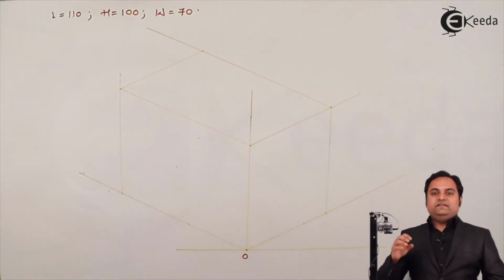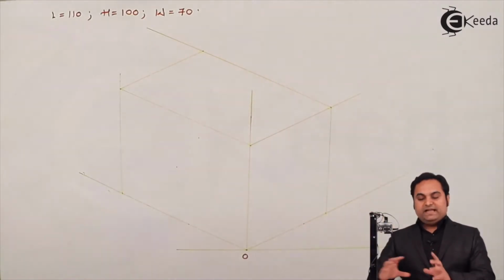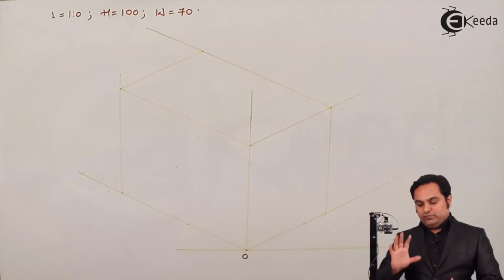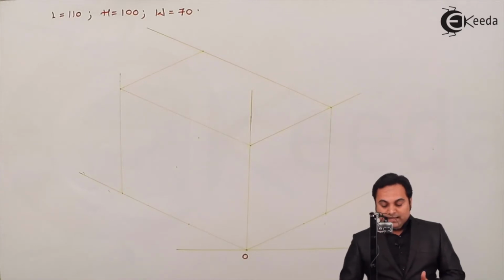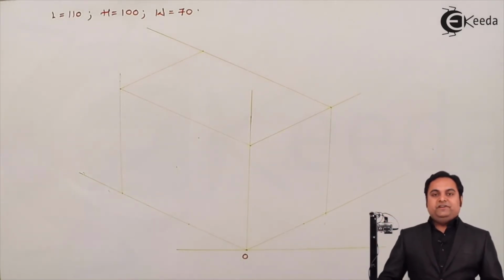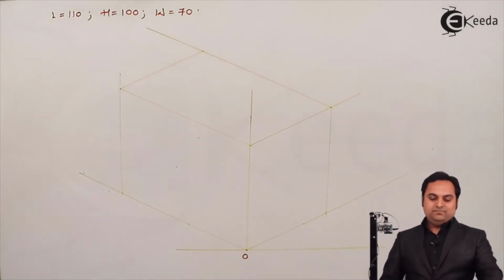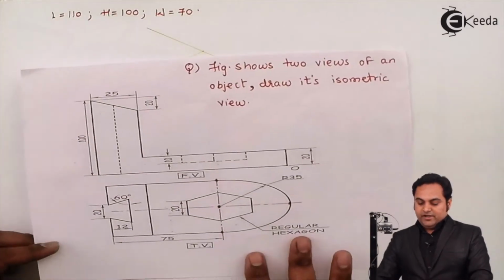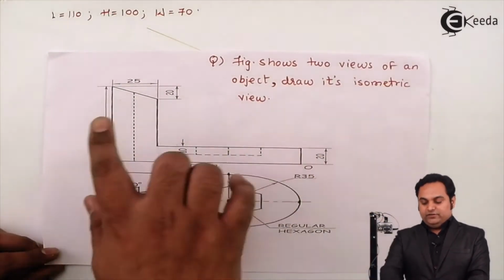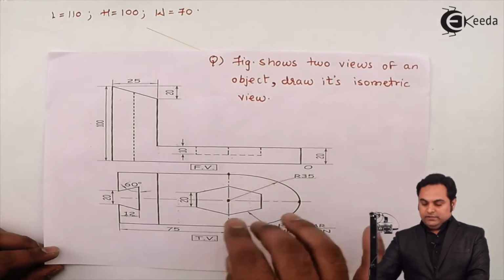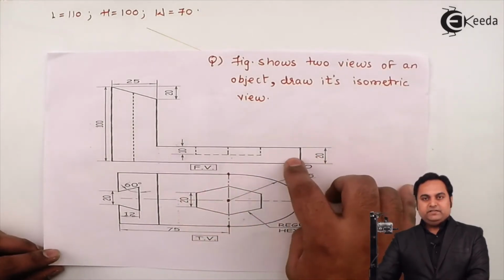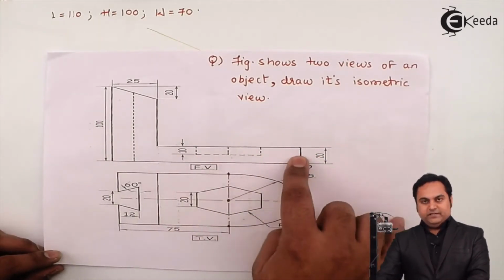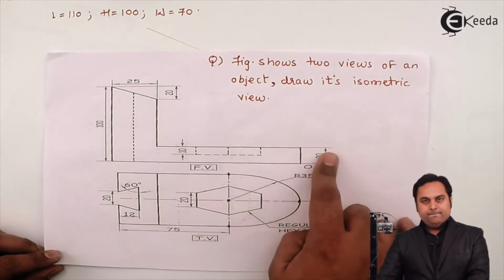Now inside this block, the diagram should be drawn, or completed within this. And how I am going to proceed in this drawing, I'll explain step by step. For example, if we look at the front view, here we have a horizontal plate having a height of 20 mm.